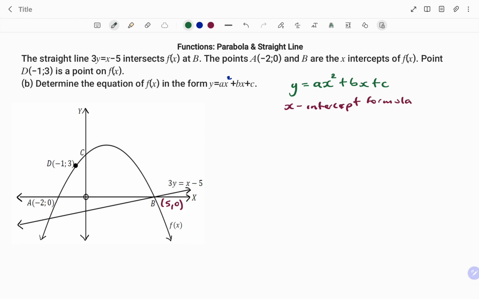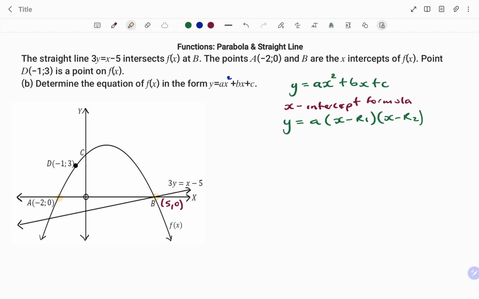The x-intercept formula is y equals a in bracket (x minus r1)(x minus r2), where r1 and r2 are the x-intercepts. If you go back to the diagram, the x-intercepts are A and B.